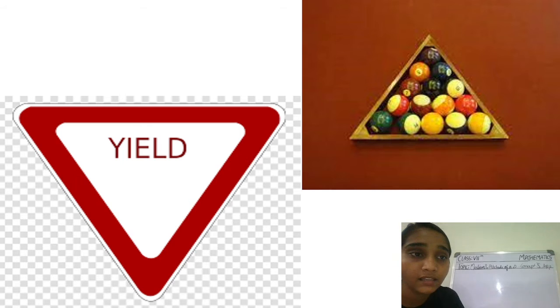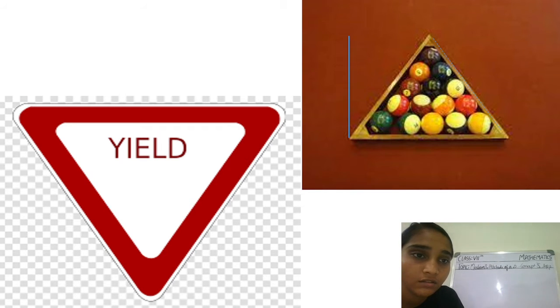Yes, you may be saying that we can take a ruler and simply measure. We can put the ruler over here and measure its height, right? Okay, very good. But what if I can't measure the height like this? Is this the height of this triangle? No, this is not the height.